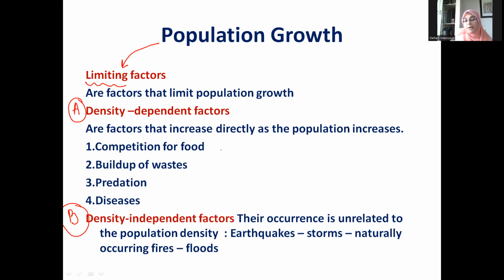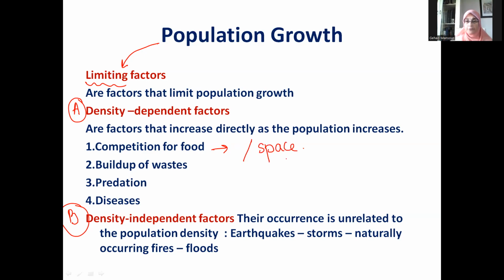For example, as I told you before, if there is an exponential rate of growth and then there are too many organisms for the place or for the resources that are available in the place, then there would be competition for food. There wouldn't be enough food for all the organisms that are present, or there might be competition for space.